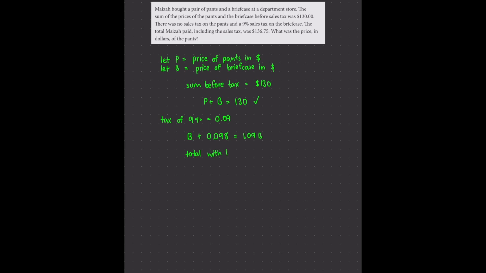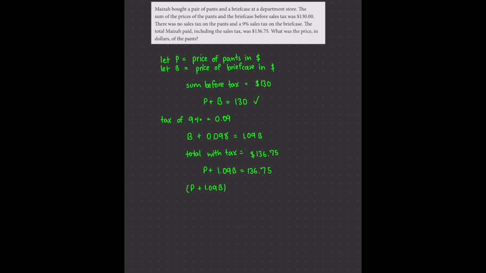As there is no sales tax on the pants, and the total she paid including the tax was $136.75, the equation P plus 1.09B equals 136.75 holds. So now we have to solve the system of equations: P plus B equals 130, and P plus 1.09B equals 136.75.